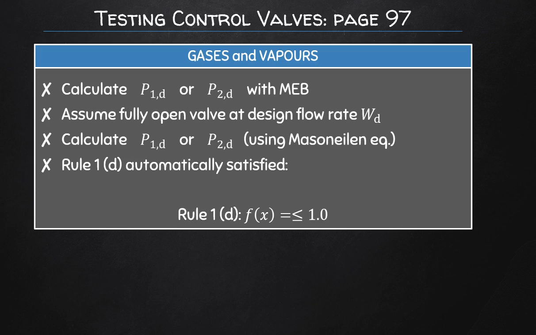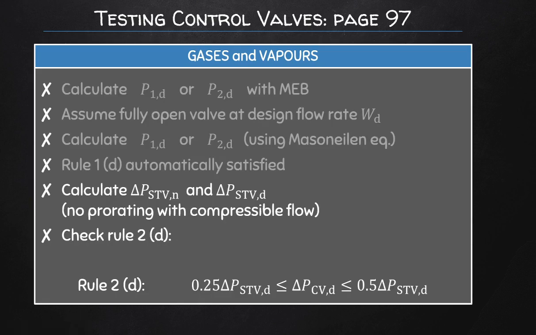Now assume that the valve is going to be operating in its fully open position again at the design flow rate, and check the other pressure, P1 or P2, before or after the valve using the Masoneilan equation. Just calculate that, and then check that the rule that is applicable is automatically achieved. Okay, so obviously rule 1D is going to be automatically achieved.